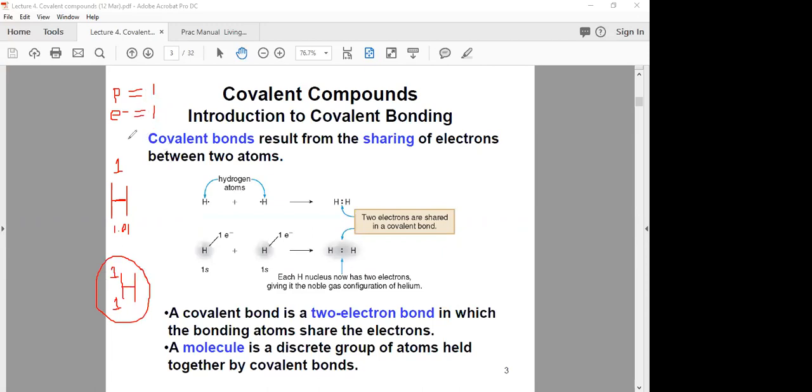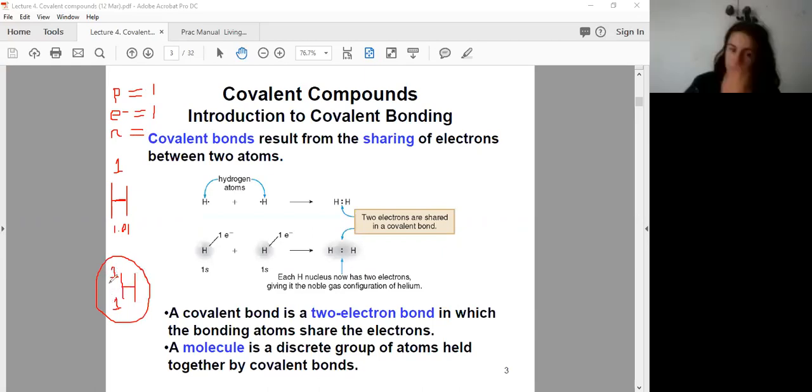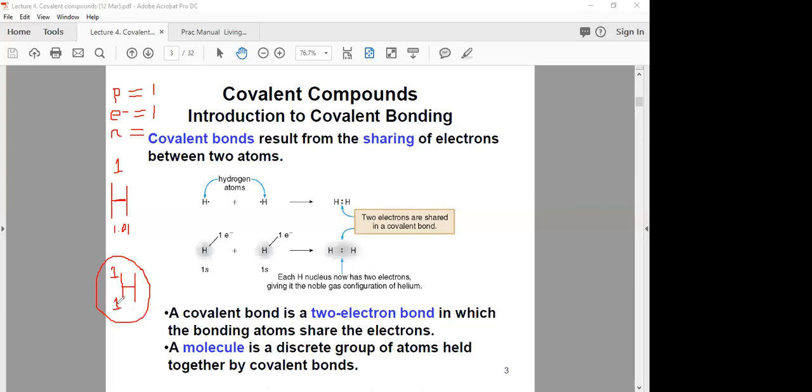Now, who remembers how to work out the number of neutrons using those numbers? How do we work out the number of neutrons? Yeah, we take the atomic number and subtract that from the mass number. And so what do we get if we do that? 0.